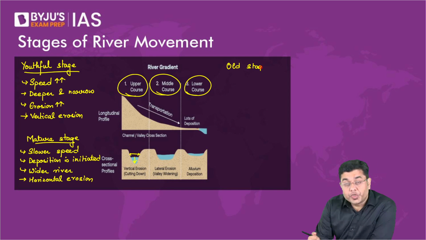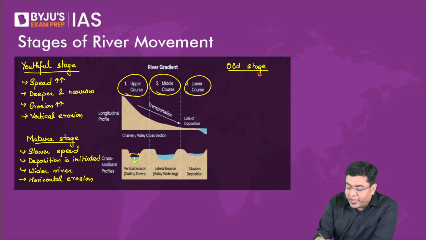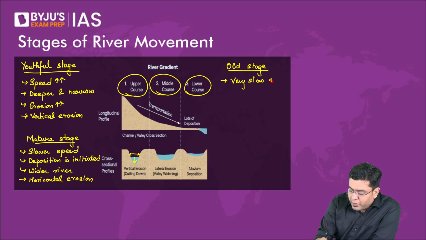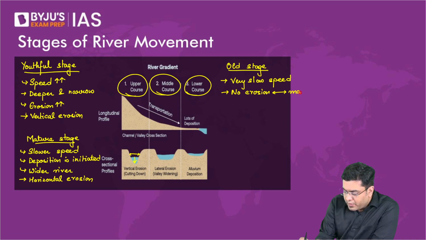Now, at an older age, if you again provide an analogy with the life of humans, what is the energy level? Almost absent. What is the probability of movement? Very, very low, isn't it? So here, the speed is very slow. Very slow speed. No erosion, but maximum deposition.